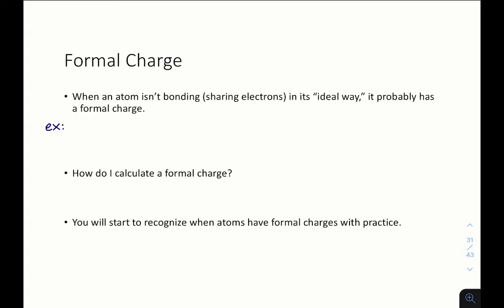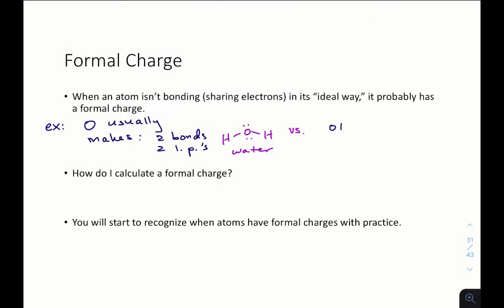We'll look at a simpler example. Oxygen usually makes 2 bonds and has 2 lone pairs, as it does in water. However, you are probably pretty familiar with 2 ions related to water. The first of those is hydroxide, and the second of those ions is the hydronium ion.